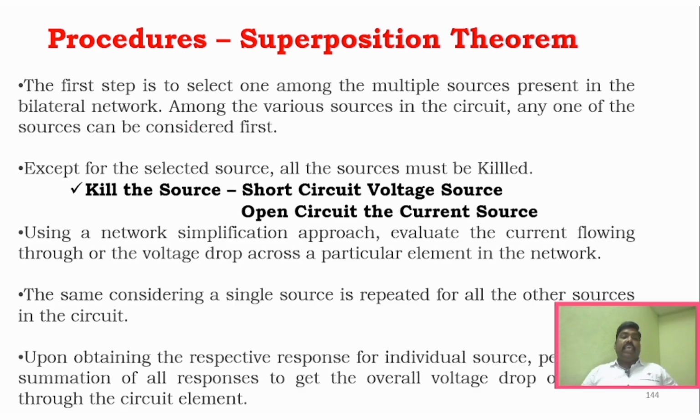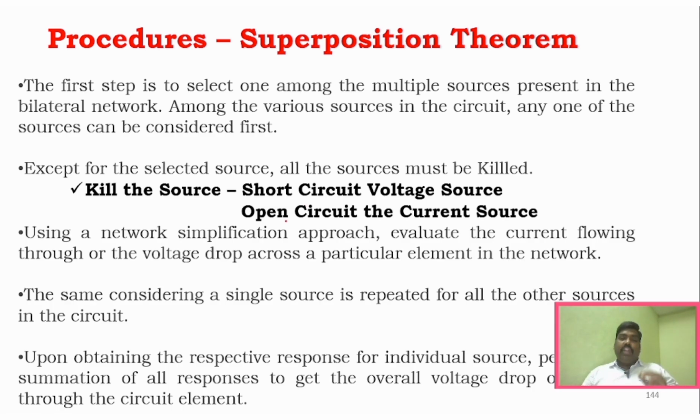The very first step is to select one among the multiple sources. You will have various sources, and from them you select only one source at a time. The second step is, except the selected source, you kill all other sources. Killing the sources we have already discussed in Thevenin's theorem and maximum power transfer theorem problems, where killing the source means short circuit the voltage source and open circuit the current source.